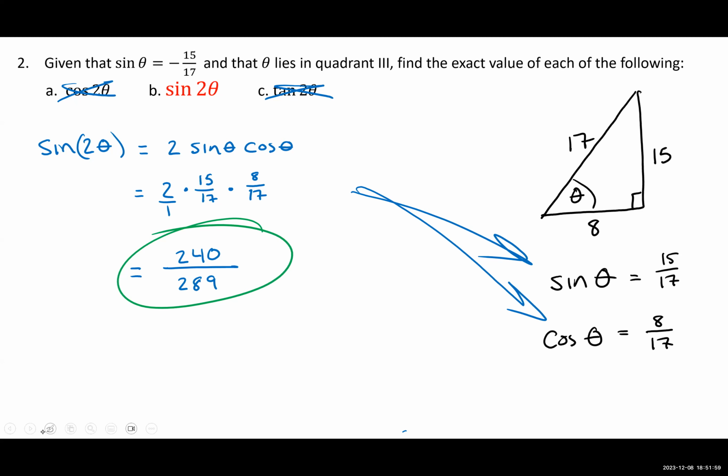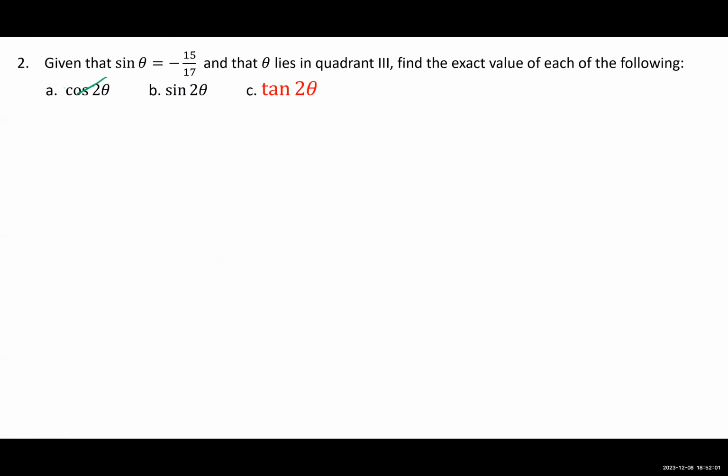Now we've got the last one, the tangent of 2 theta. Again, same triangle. This angle is 90. This one I'm calling theta. Hypotenuse is 17. The other 2 legs were the 8 and the 15.